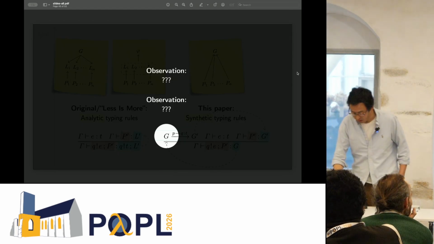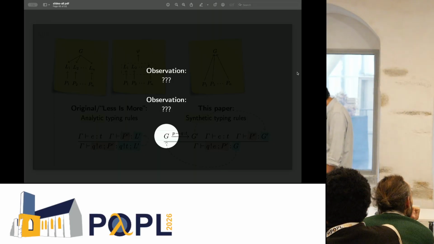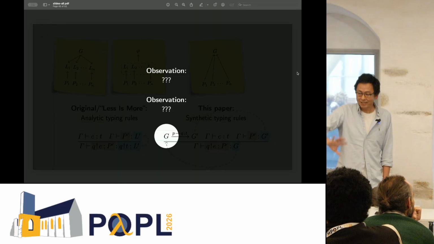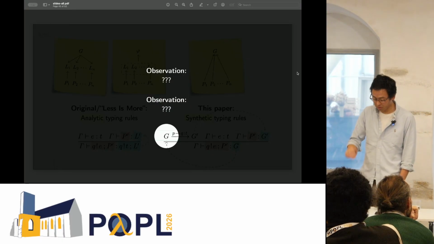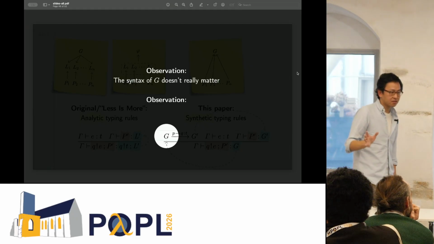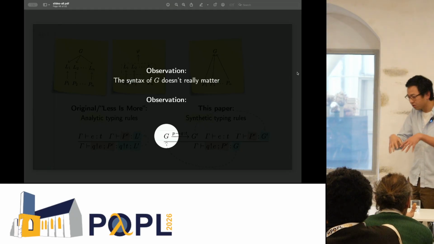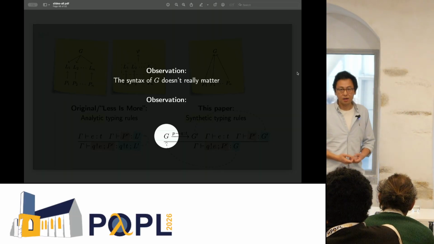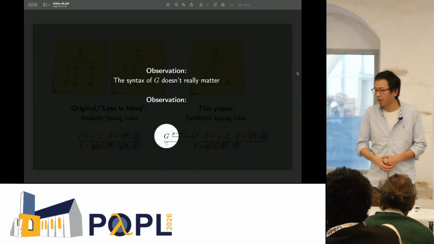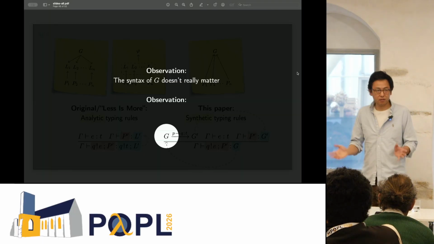Why does this matter? Well, we can make two observations now. The first observation is that by synthesizing the G prime from G as part of the premise, but not the conclusion, the syntax of G itself, or the structure of G internally, doesn't matter at all. We care only about the transitions of G, and whether this is a global type or a configuration of a Petri net, we really don't care.